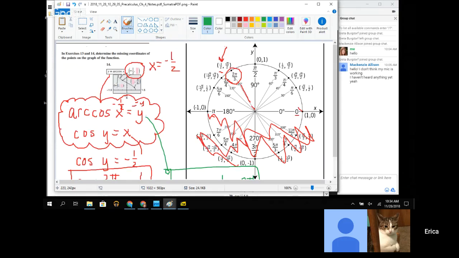So this point right here would be at 2 pi over 3. I know it's heavy stuff, right?